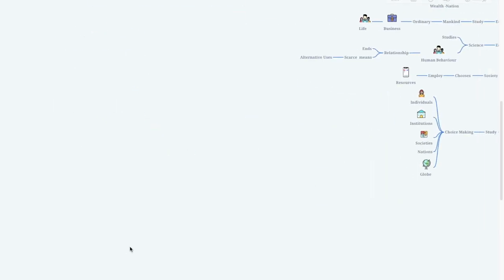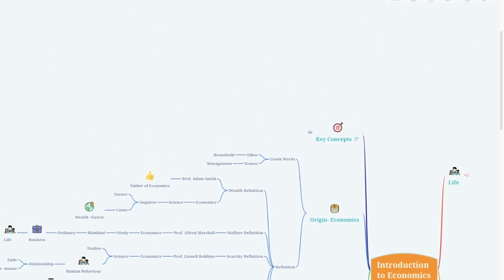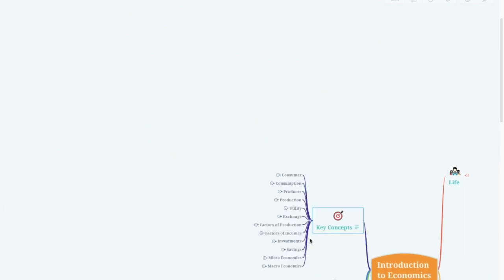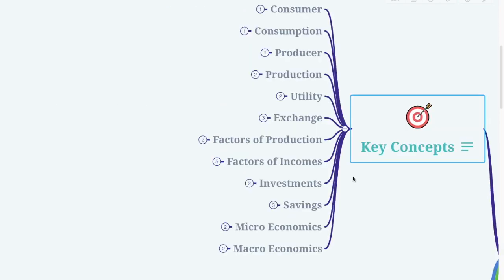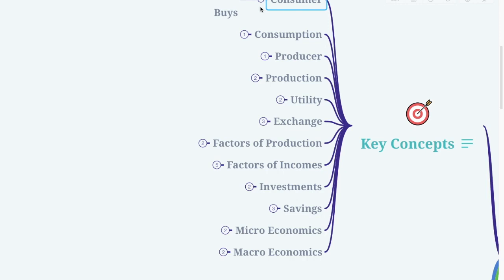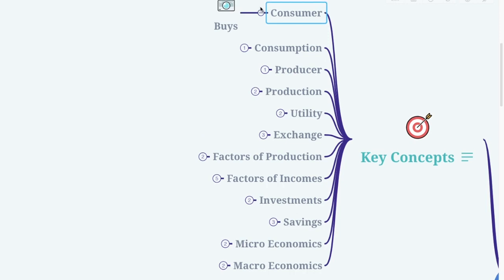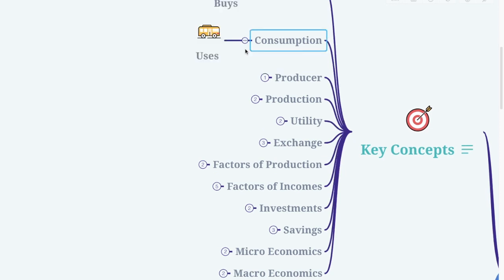Finally, let's look at the key concepts of economics. We have consumer. So, who is a consumer? An individual who buys various goods and services to satisfy his or her wants. Consumption, the act of a consumer which is concerned with the use of various goods and services.